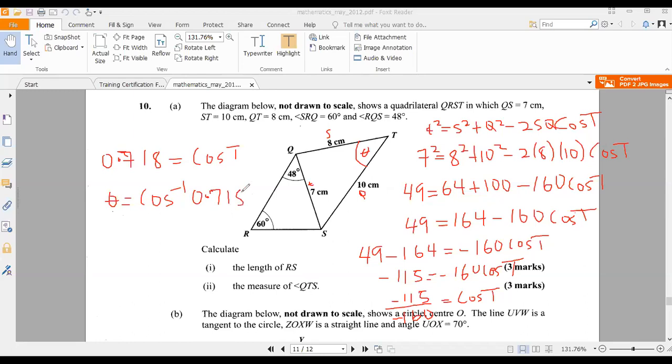Then we work it out. What is cos inverse of 0.718? 44.11.